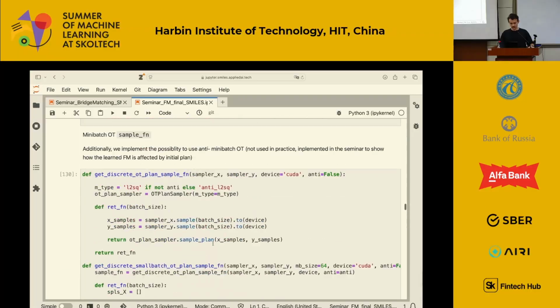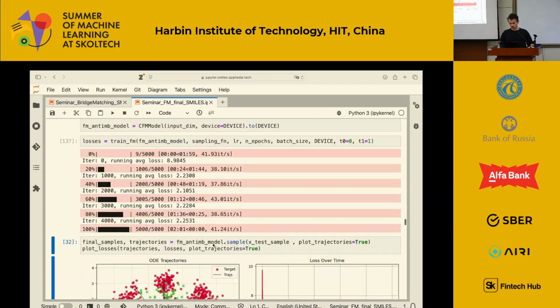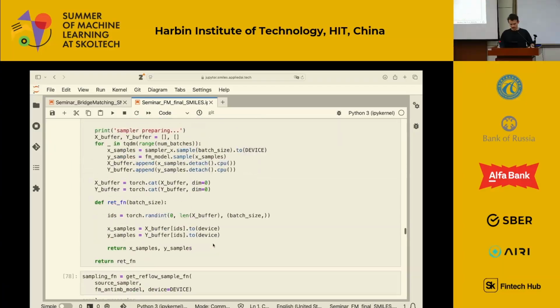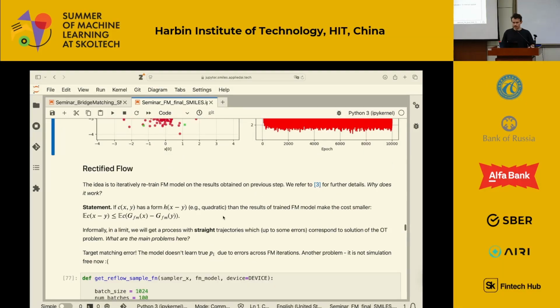Why do we need it at all? Because it is known that if you consider a sequence of flow matchings that are trained using previous flow matchings as a transport plan, then with each flow matching your trajectories get straighter.